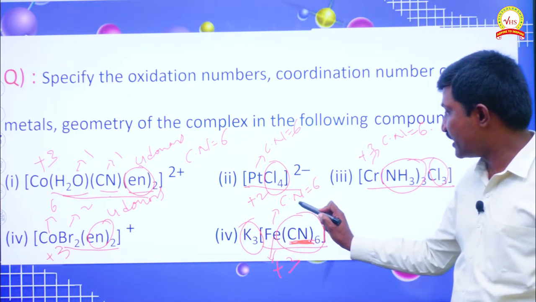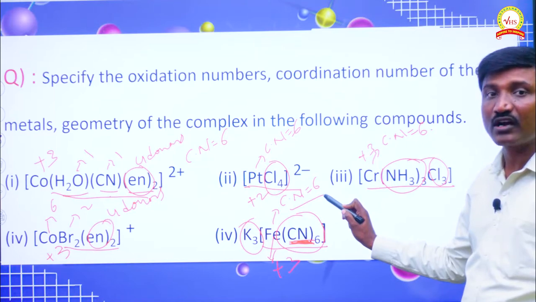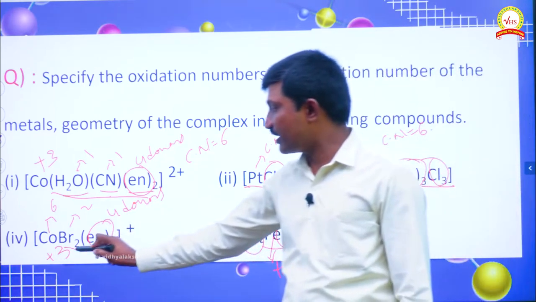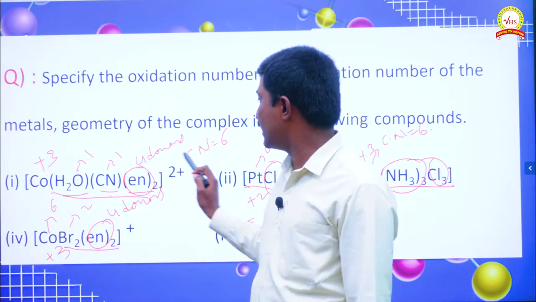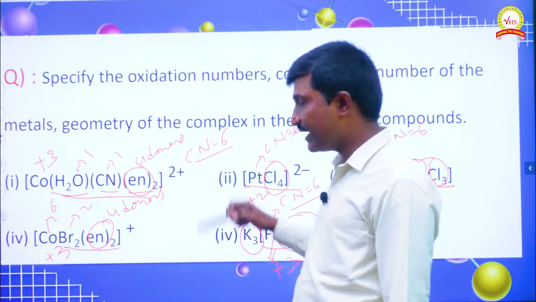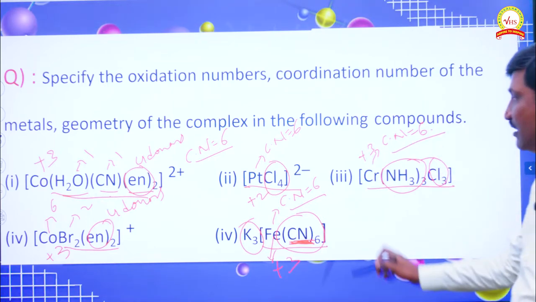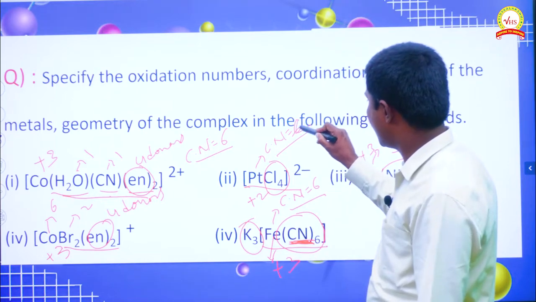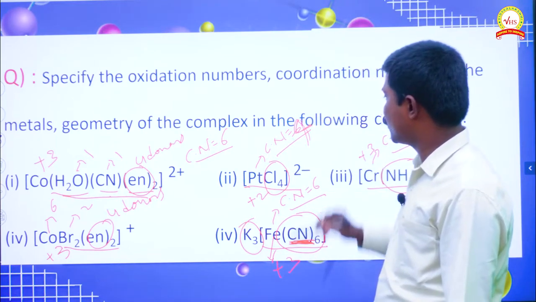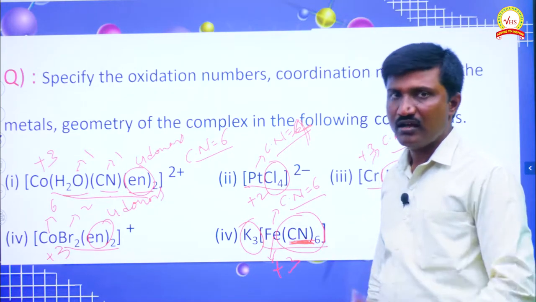Now since here the coordination number is 6, the geometry for this one is octahedral. Here also coordination number 6, so octahedral. Here also 6, so octahedral. And here also 6 means octahedral. And here the coordination number is 4. Coordination number 4 means maybe tetrahedral or square planar.